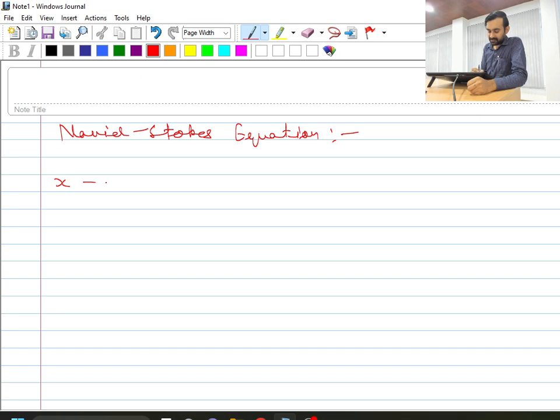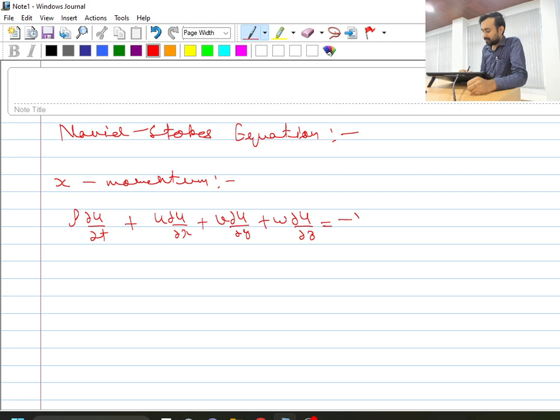So we have this x momentum equation. If you recall, the x momentum equation was nothing but rho into del u by del t plus u times del u by del x plus v times del u by del y plus w times del u by del z, and that was equal to minus del p by del x, and we were having some term plus del by del x of what was there.